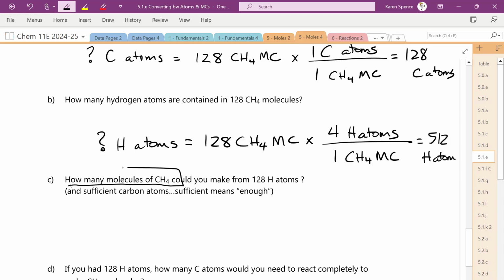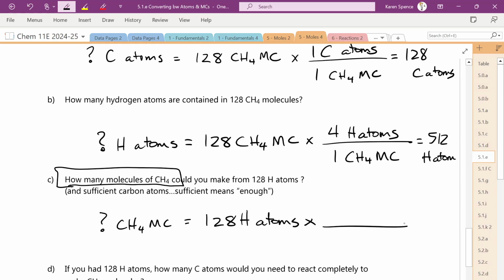How many molecules of CH4? So how many CH4 molecules could we make from 128 hydrogen atoms? All right.